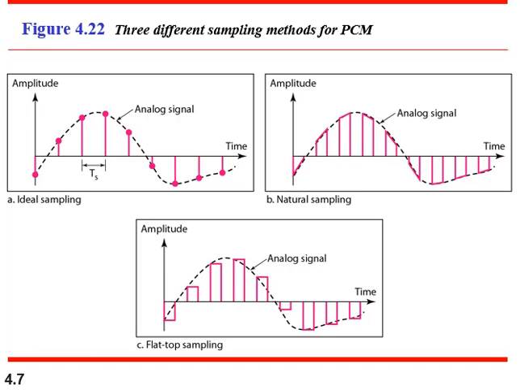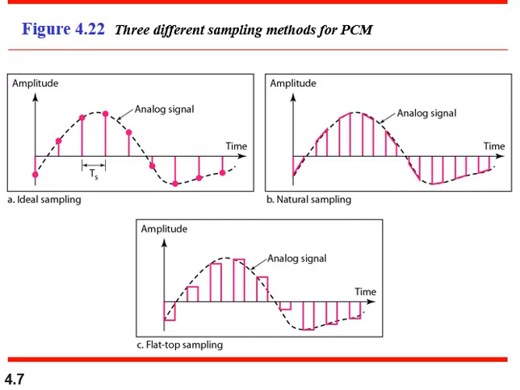If you see the graph given in figure 4.22, you can easily spot the difference in the third figure: in flat top sampling, the pulses are sent and held for some time, which creates a flat duration. Now these sampling processes are also known as pulse amplitude modulation, or in short PAM.